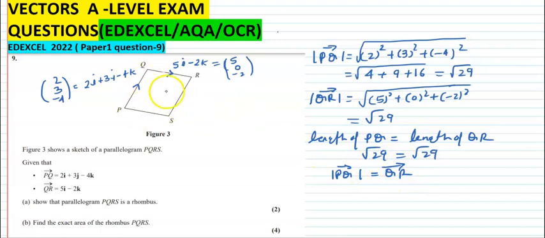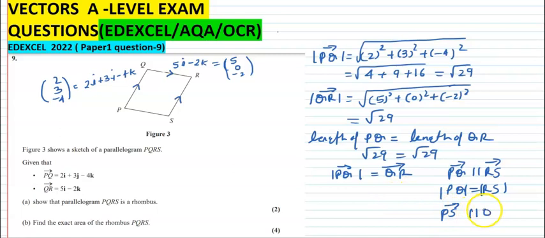QR. And it is given a parallelogram, and in a parallelogram opposite sides are equal and parallel. So PQ is parallel to RS because it is a parallelogram, and PQ is equal to RS. Their modulus should be equal. Similarly, PS is parallel to QR and the modulus of PS equals the modulus of QR.